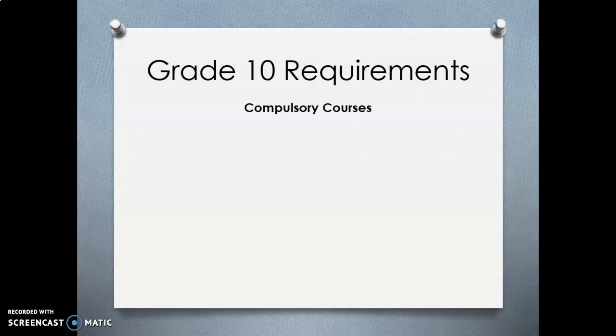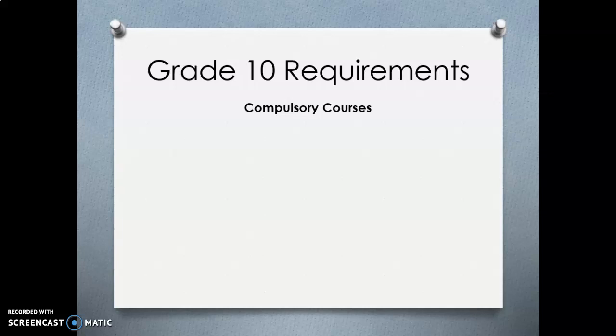So first things first really is the grade 10 requirements. And I'm going to try and go slow because I know this is a lot of information. I know a lot of you might be your first child, first time being in grade 10, so this is all new information for you.